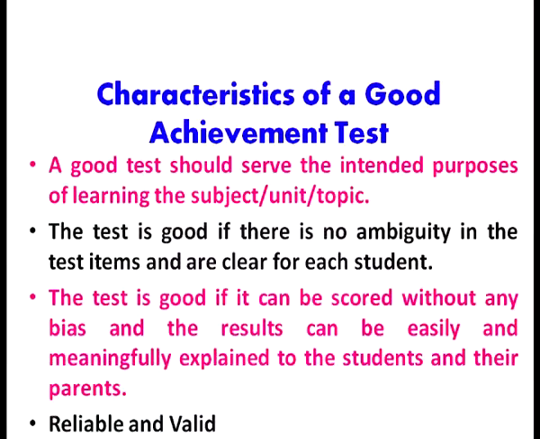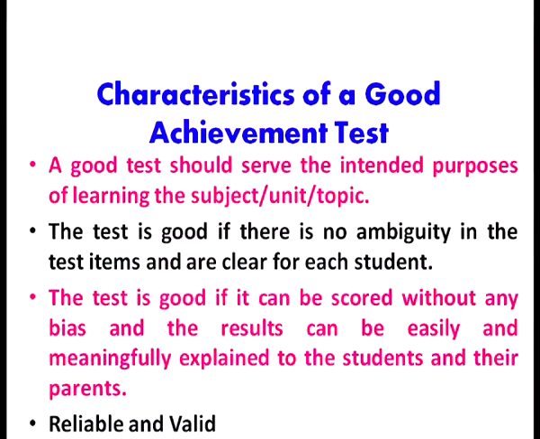We carry them out so that students' learning can be assessed, and the results can be explained to the students and to their parents. So the test is good if it is scored very easily without any bias, there is objectivity in it, and it is easily interpretable. And the last characteristic of any good achievement test is that it should be reliable.